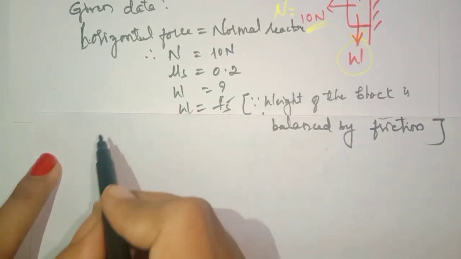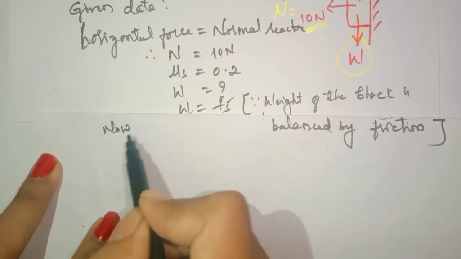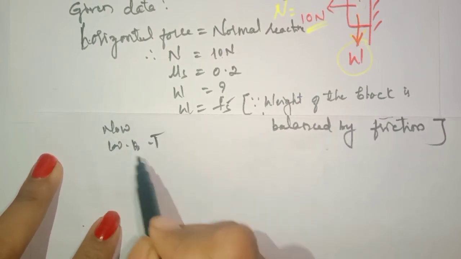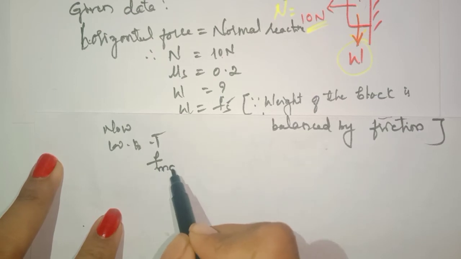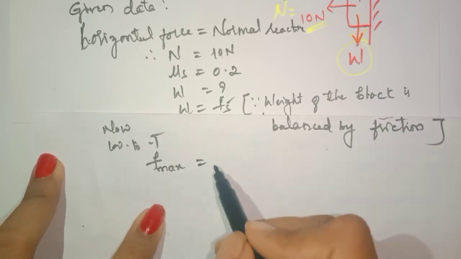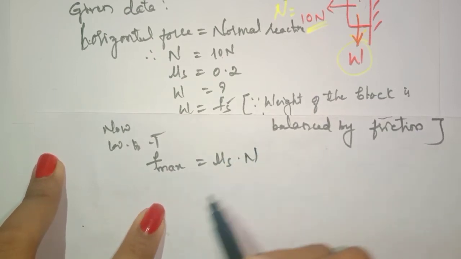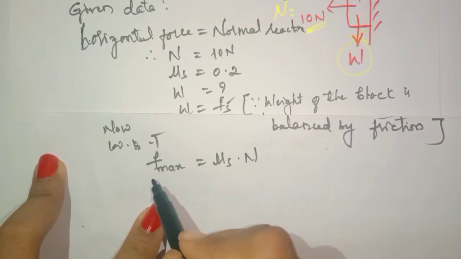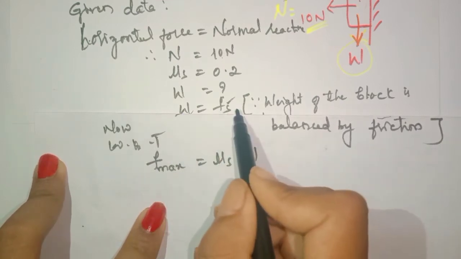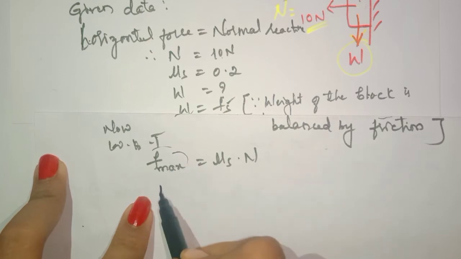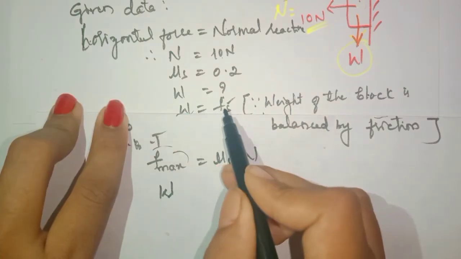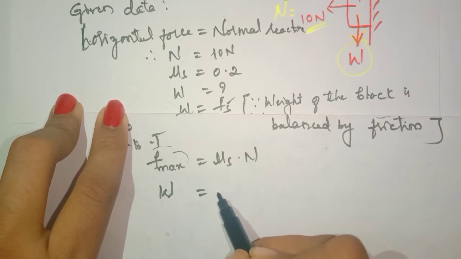Now we will use the formula. We know that F max, which is limiting friction, is equal to mu s into N. Why have we taken this formula? Because weight is equal to Fs. In the place of F max, I can write weight, as weight is equal to friction. So W is equal to mu s into N.